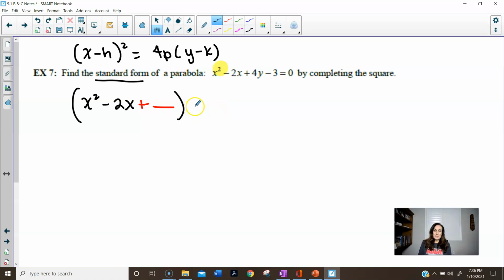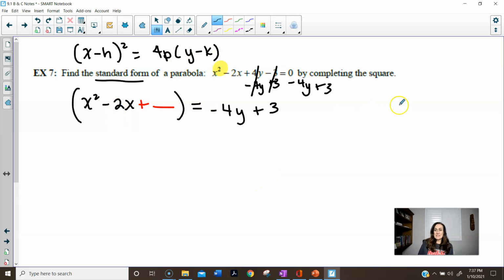That is going to equal, take everything else and move it to the other side. But to move this to the other side, you would have to subtract 4y, and you would have to add 3 in order to undo it and get it to the other side. So this is going to give me a negative 4y plus 3. Okay, so let's go ahead and complete the square first, and then we'll go from there.